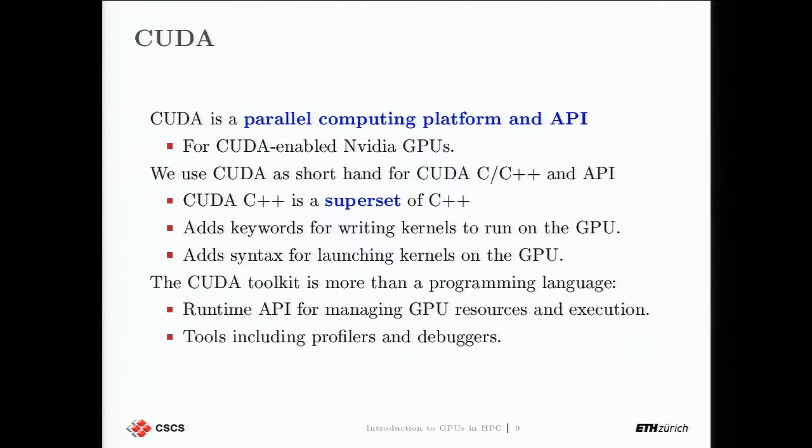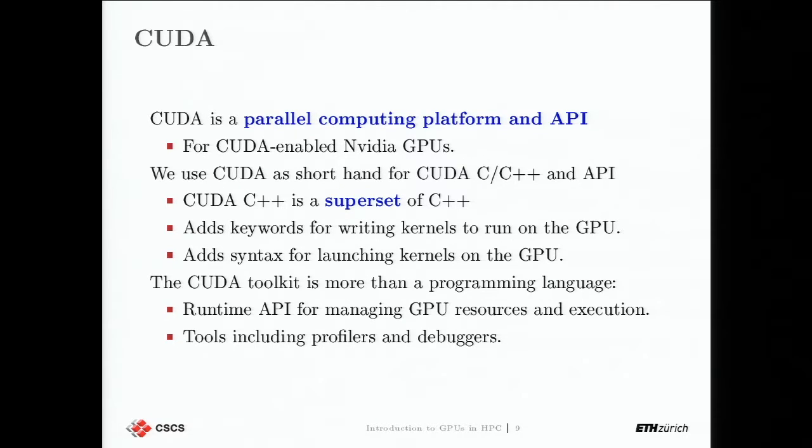And so you can take a normal C++ program, write your little hello world C++ program, compile it with the CUDA compiler and then run it, and it will look just like if you'd compiled with your normal C++ compiler. It will just run on the CPU. But CUDA C++ adds additional syntax for defining work, functions basically, or what we call kernels, that you want to run on the GPU, and additional syntax for launching those kernels.